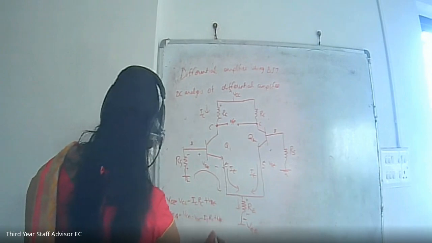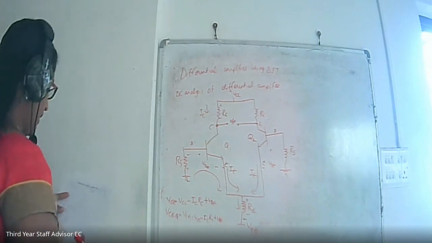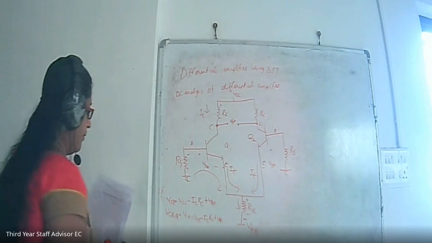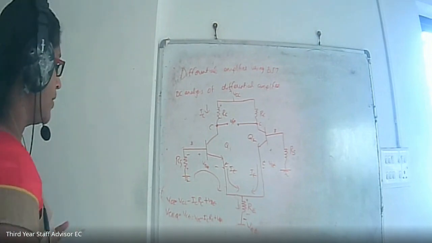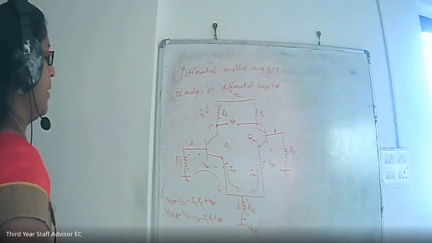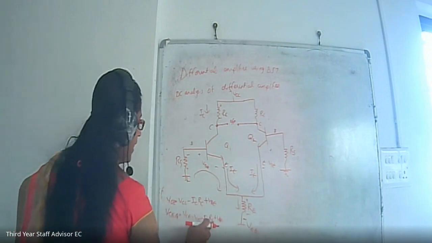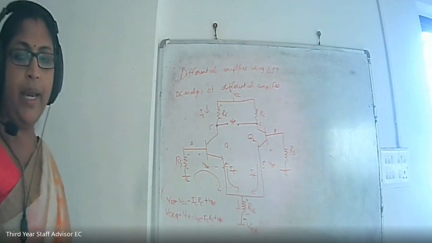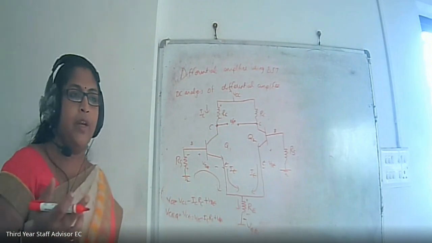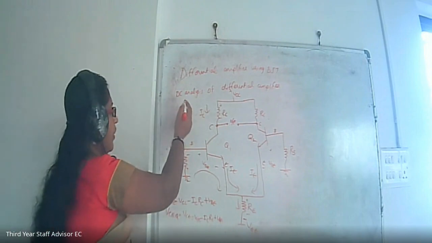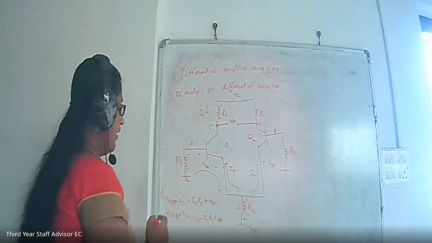So this is what we are going to derive from this DC analysis. The quiescent operating point VCEQ is equal to VCE, that is VCC minus IC RC plus VBE. We found this from the DC analysis of the differential amplifier.